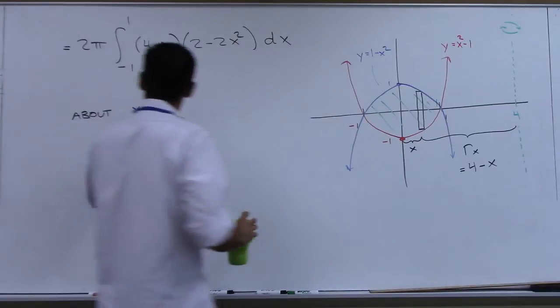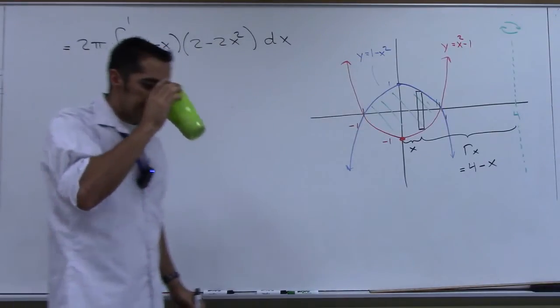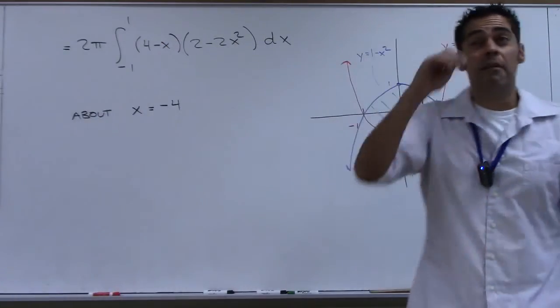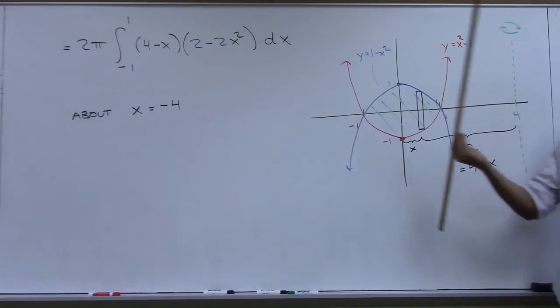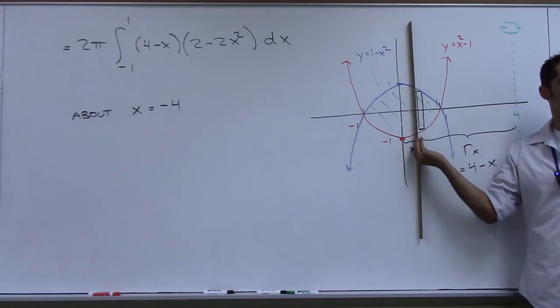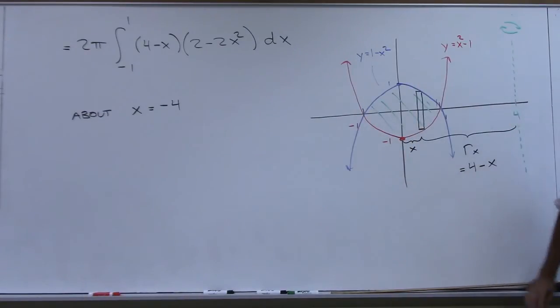Negative 4? Fine with me. Now what you're never going to face, I would never do this to you, is putting the axis of rotation inside the region. That would cause a problem. So don't worry about that. It's not going to happen.